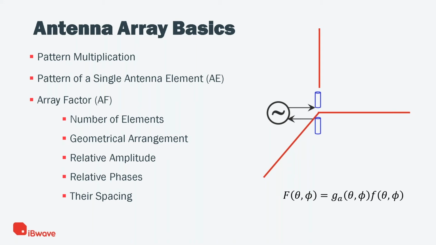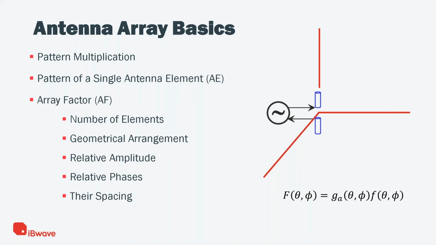Simply, we have to know the pattern of a single antenna element, let's say if it is a half-wave dipole antenna or if it is a cosine antenna. So we should have the pattern of this particular antenna element. And then we have to calculate the array factor, which will depend on the geometrical arrangement of your antenna array.